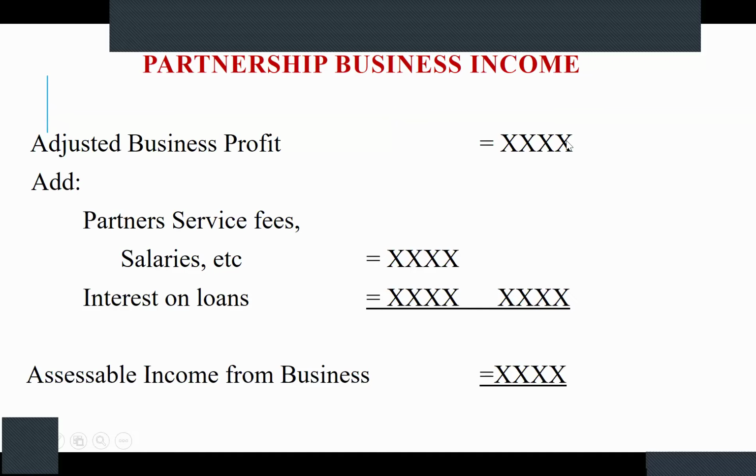Business profit means the profit prepared in the accounts, the accounting profit. To that accounting profit, we have to add the partner's service fee. That means if a partner provides some service to the partnership, and the partnership pays service fees, in the hands of the partnership it is an expenditure.